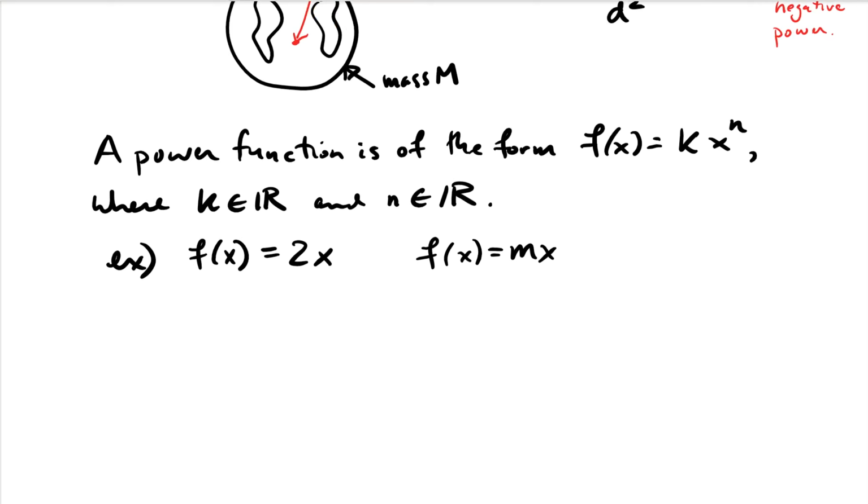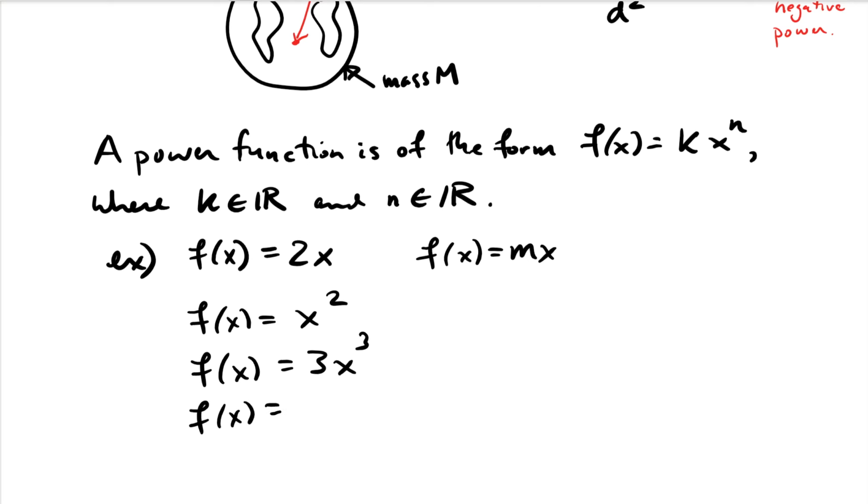We could also have f of x, which is just the standard parabola, or a cubic function. It could also be a reciprocal function like 1 over x, which is x to the minus 1; in this case n is minus 1.